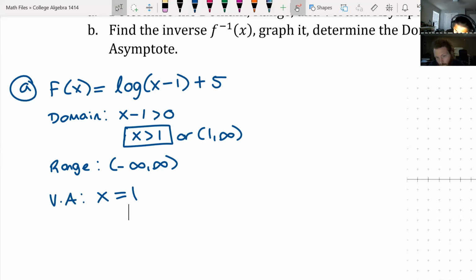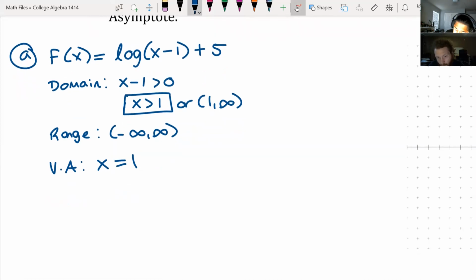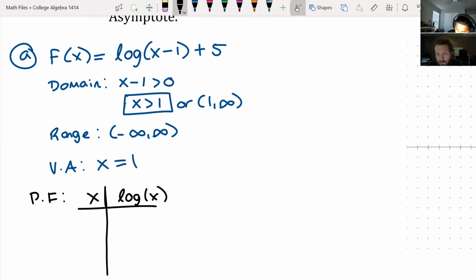So let me go ahead and first write the coordinates of the parent function that we found on the last 2 pages. So here's the parent function. For x and the log of x, we chose 1/10, 1, and 10.